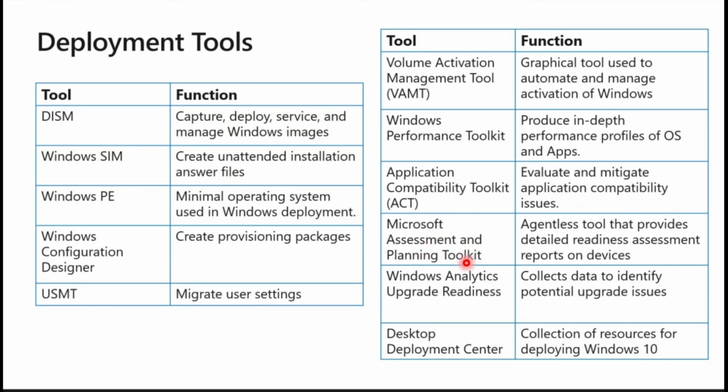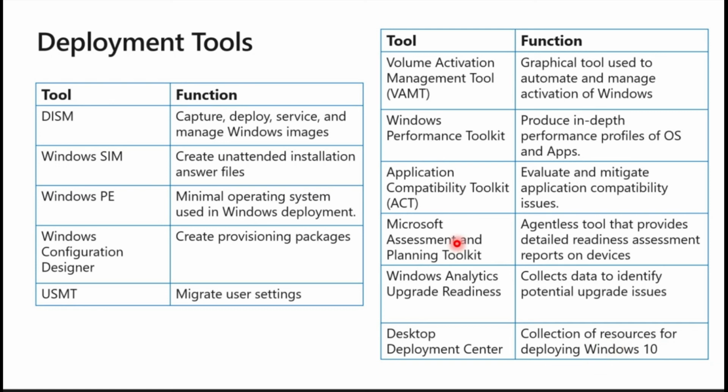Microsoft Assessment and Planning Toolkit, an agentless tool that provides detailed readiness assessment reports on devices. Windows Analytics Update Readiness collects data to identify potential update issues. Desktop Deployment Center, a collection of resources for deploying Windows 10.